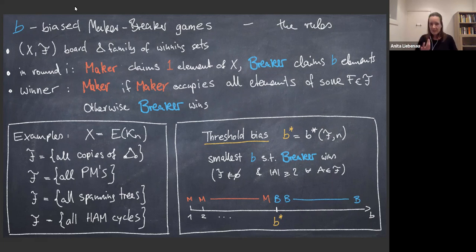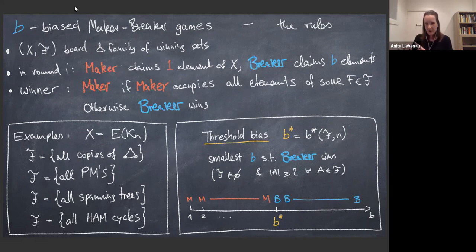So what has been suggested by Chvátal and Erdős in 1978 is to introduce a bias to give some advantage to breaker. So that's why breaker is allowed in a round to occupy up to B elements. And then we can ask, how large do I have to make this B so that the game turns from a maker win to a breaker win?